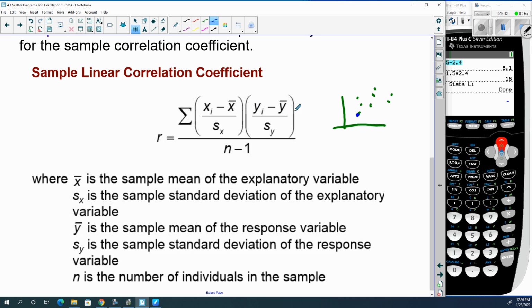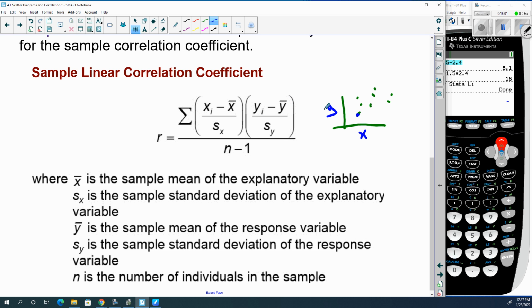So you take your x value from your data, subtract the mean of the x's, and divide by the x's standard deviation, and then you multiply that by the y value minus the y's mean, divided by the y's standard deviation.